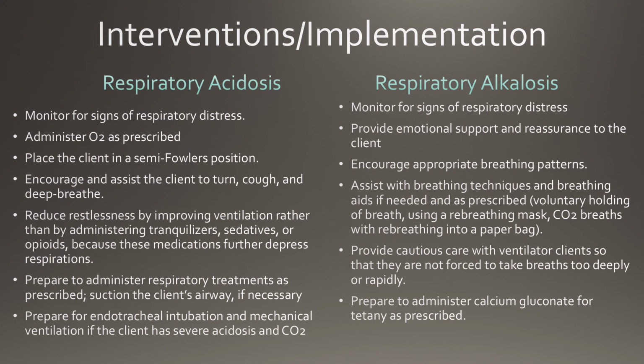If you look at the other numbers, the CO2, if it's elevated, then you would say that it's respiratory acidosis. If the pH is high, greater than 7.45, and your CO2 is low, then it would be respiratory alkalosis.